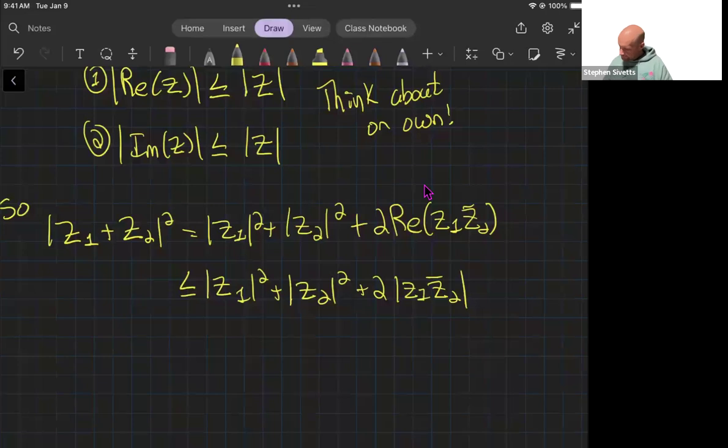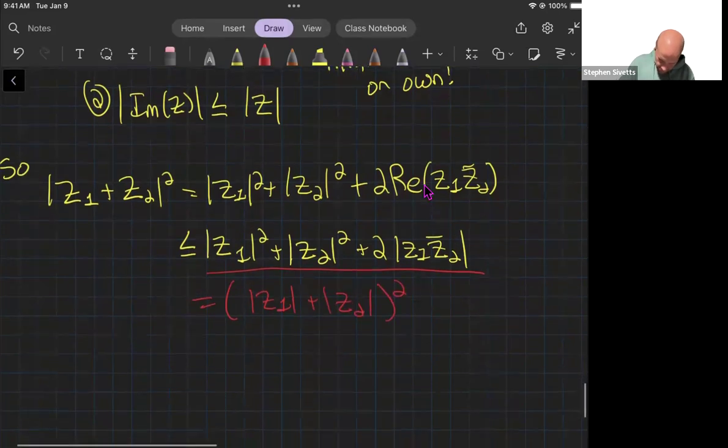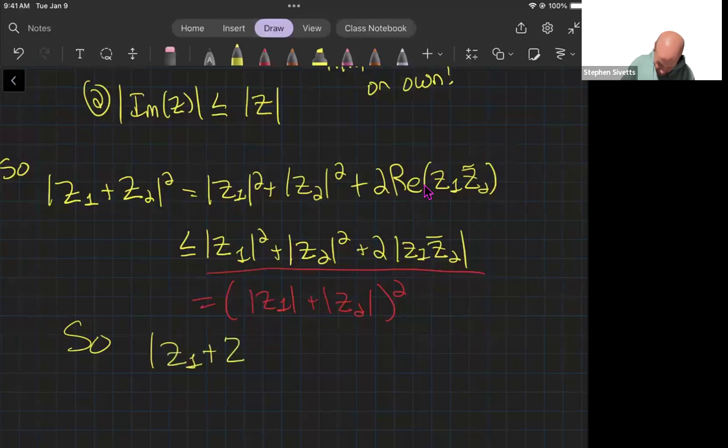Then if we factor out this quantity, this would equal the length of Z1 plus the length of Z2 squared. So this is what we wanted to show.